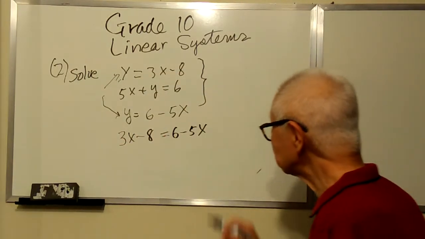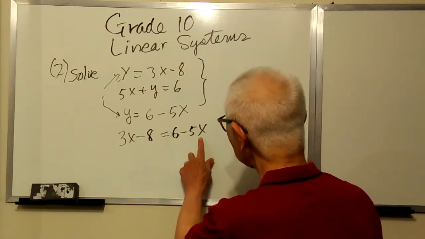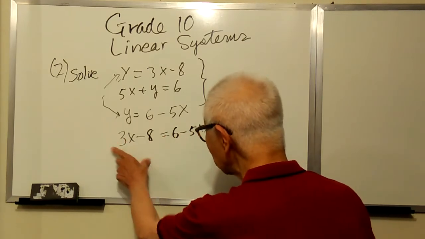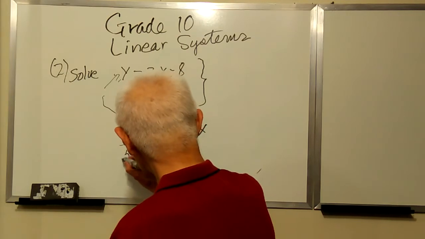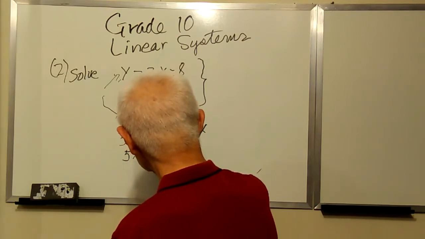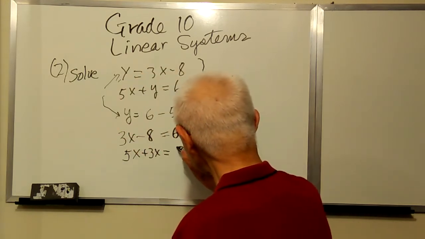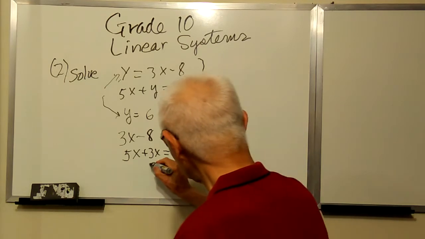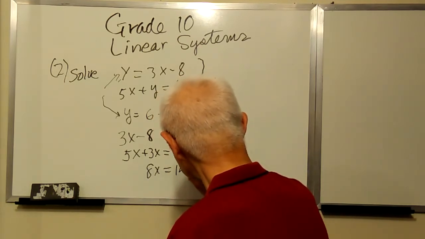Now this time, how do I move the x part? I move this to the left-hand side because this becomes positive and my x part will be positive. So I have 5x plus 3x. Move the negative 8 to the right-hand side. So I have 8x is equal to 14.